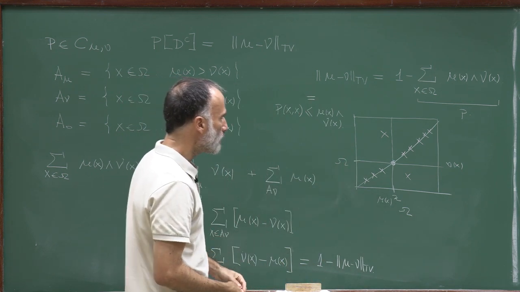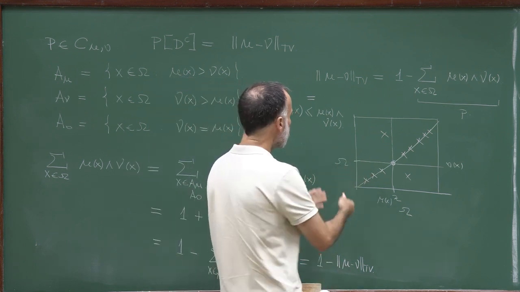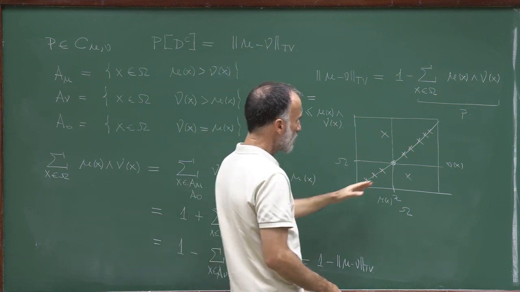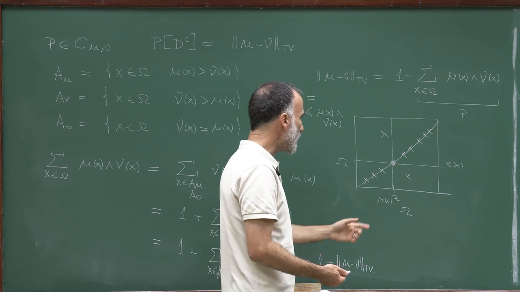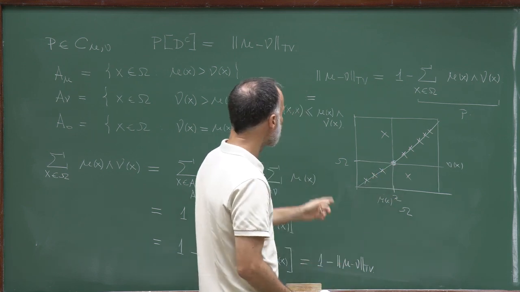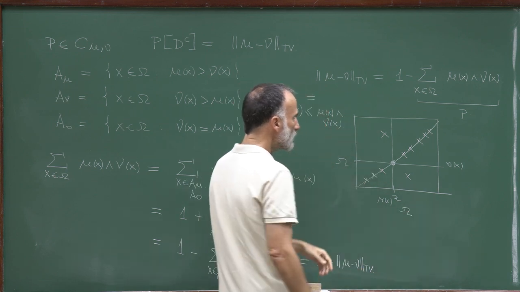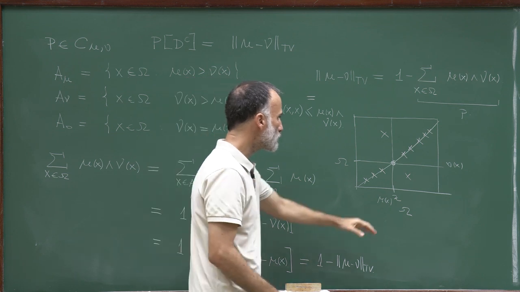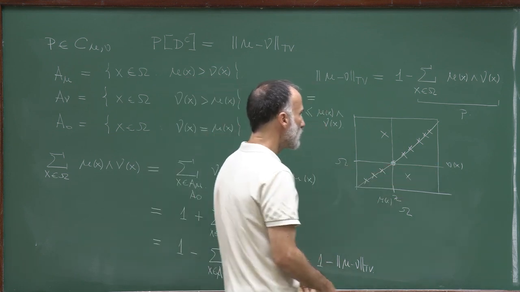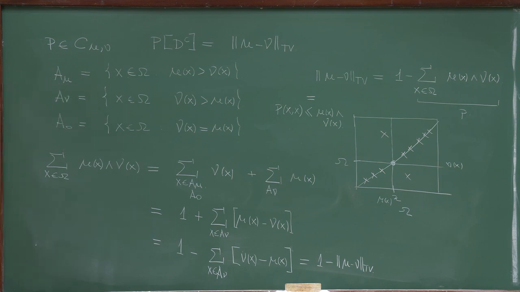So this is the idea. We define this measure on the diagonal, putting as much weight on the diagonal as possible, and then extending this measure to the complement of the diagonal in such a way that mu and nu are the marginals. So this is what we are doing next.